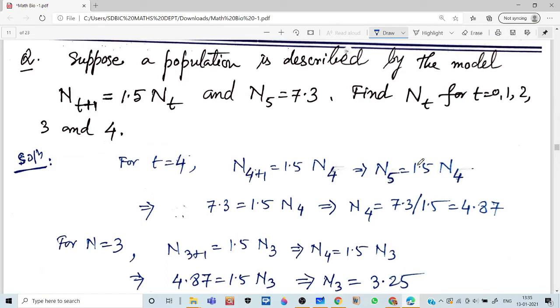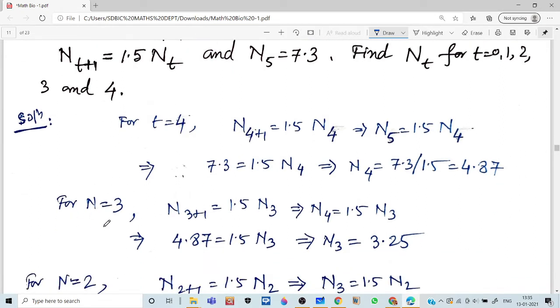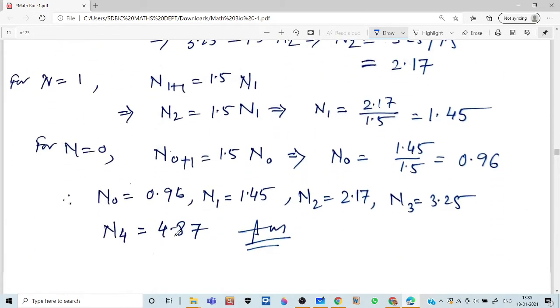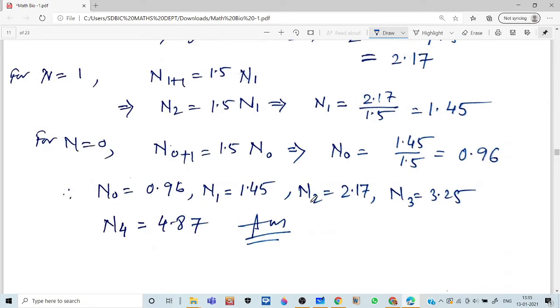The value of N5 is 7.3, so N4 equals 7.3 divided by 1.5, which is 4.87. Then recurrently putting t equal to 3, 2, 1 and 0, we get N3, N2, N1 and N0 similarly.